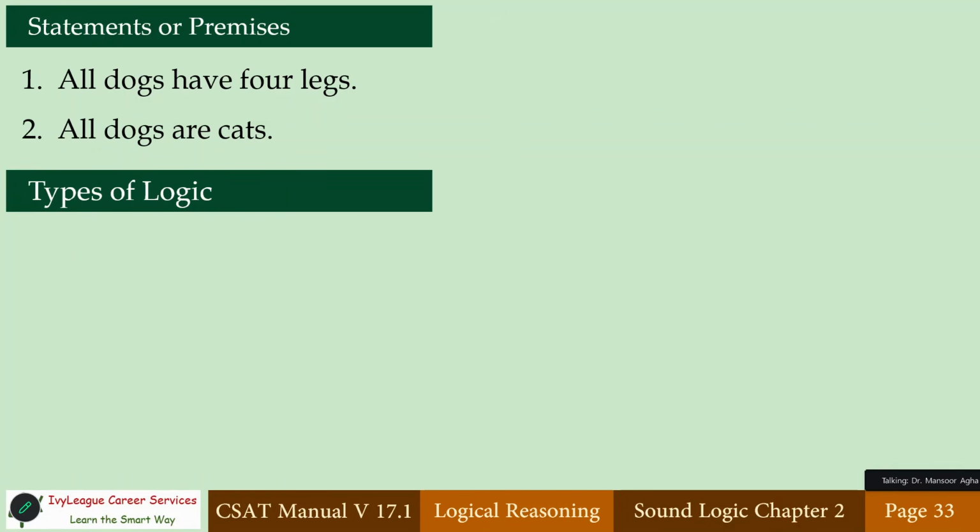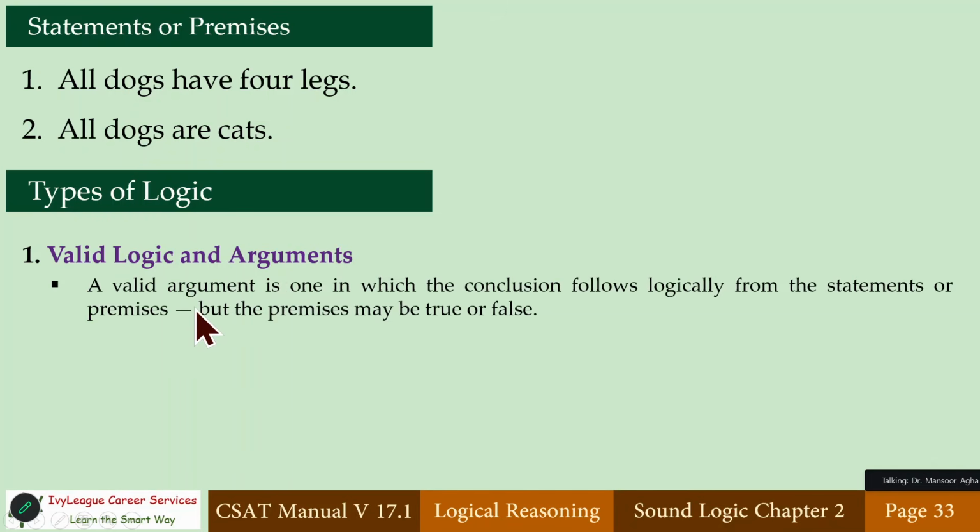Questions on logical reasoning are based upon two different kinds of logic. So let's learn the first type. The first type of logic is called valid logic, and the arguments there are called valid arguments. In valid logic, a valid argument is one in which the conclusion follows logically from the statements or premises, which means that the conclusion is based upon the statements or premises. But the premises may be true or they may be false, so it really does not matter whether the premises are true or false.